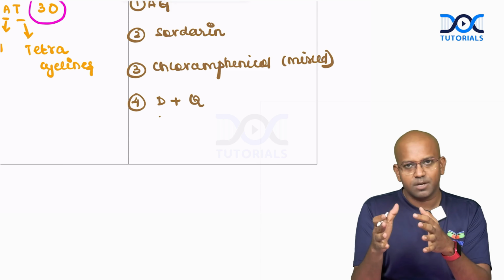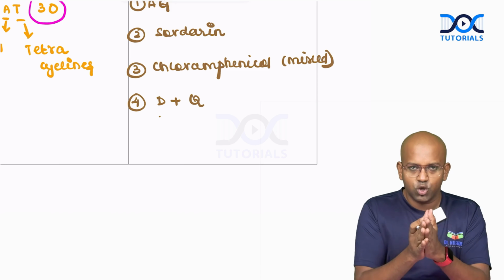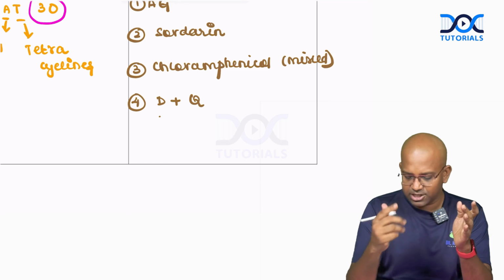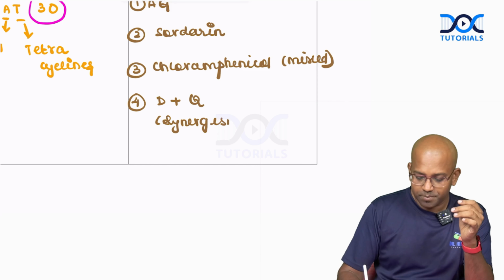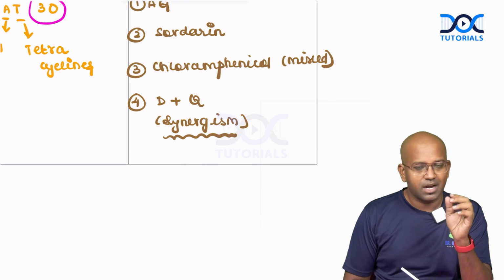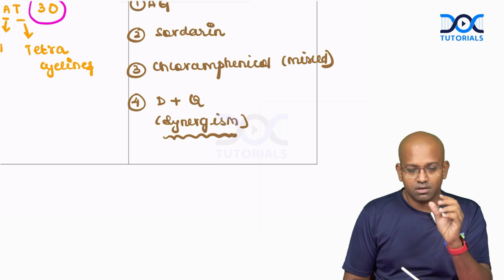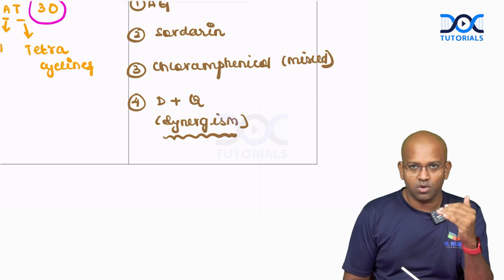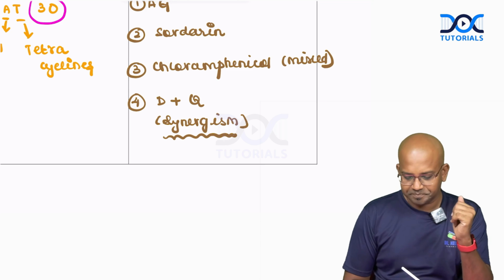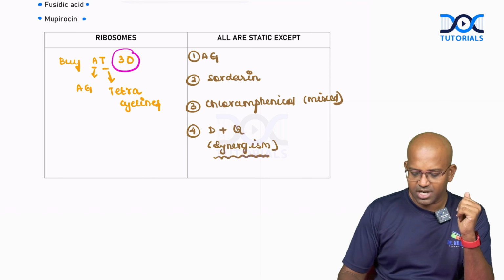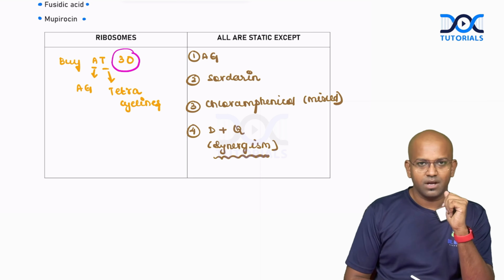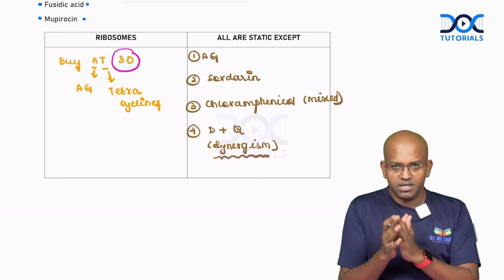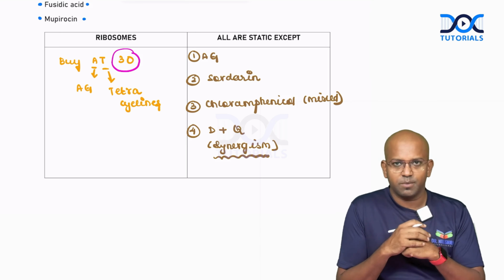When given as monotherapy, it behaves as bacteriostatic. When given together, it behaves as a bactericidal agent, which is a classical example of synergism, guys. I hope we have explained that already in general pharmacology itself. When both of these drugs are given together, the action is going to be exaggerated more. Well, that is what is called synergism. These are the actual exceptions regarding bacteriostatic or bactericidal within protein synthesis inhibitors. As I've told, protein synthesis inhibitors have a bigger classification. All these drug names are very much important, guys.